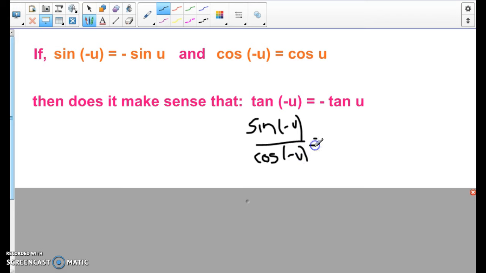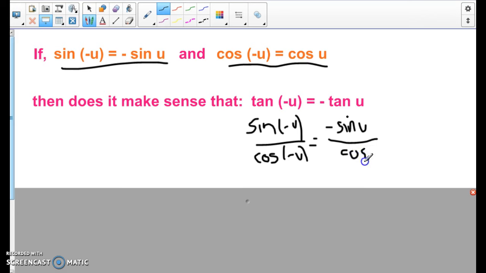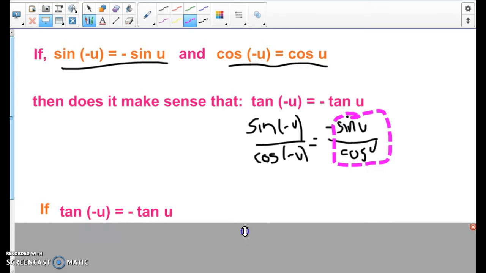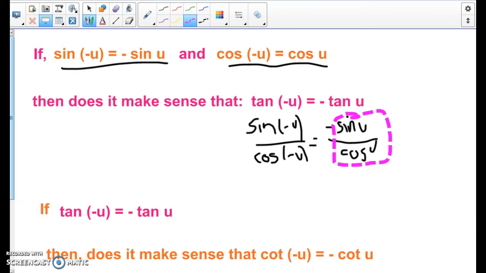And we know that the sine of negative u from up here is equal to negative sine u. And we know that the cosine of negative u equals cosine u. Then what we're going to do is switch colors and go, hey, this is tangent, negative tan u. So if tan of negative u equals negative tan u, cotangent of negative u equals negative cotangent u.